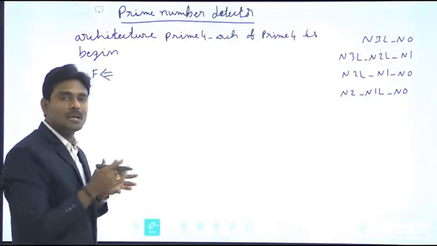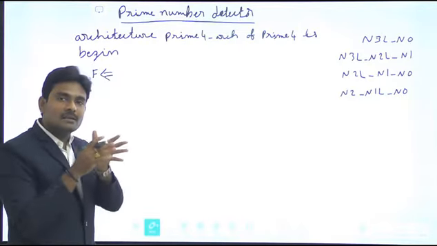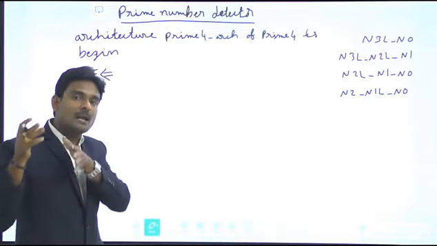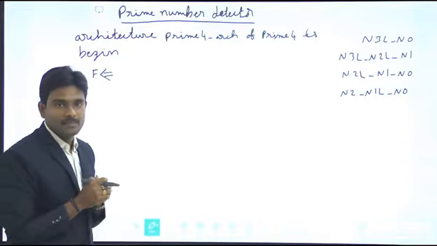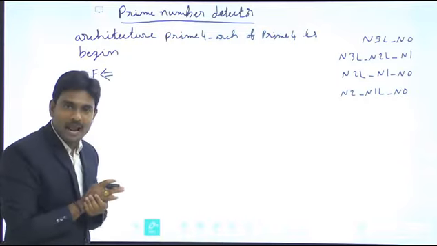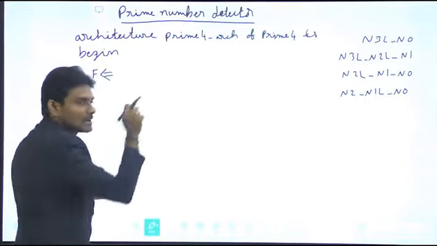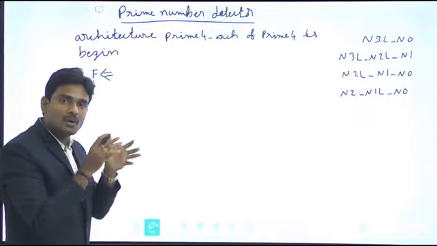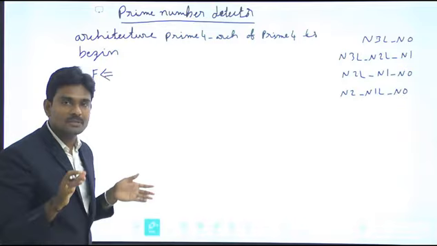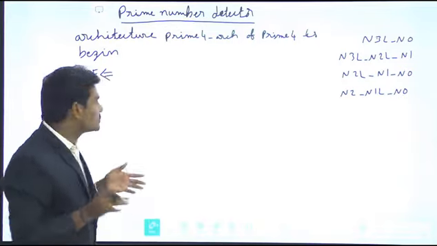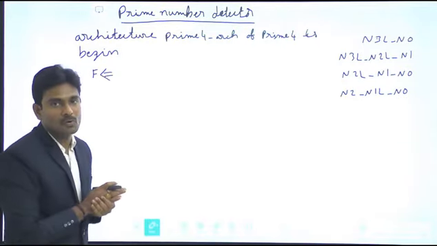I start at the last level, the OR gate output level, whose output is F. While writing the expression on the right hand side, everything must consist of inputs only. I am not going to use any intermediate signals.